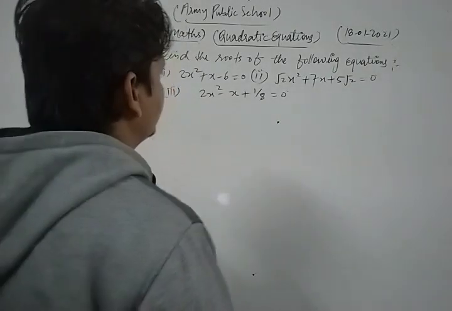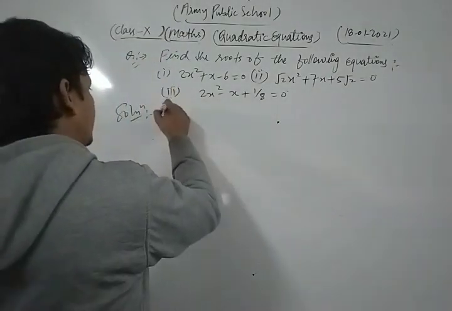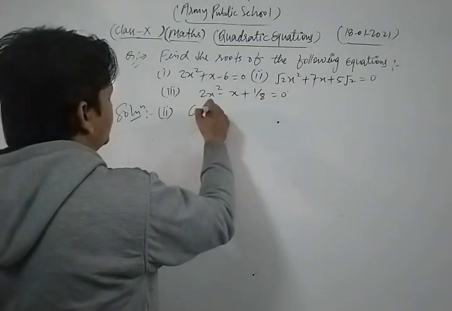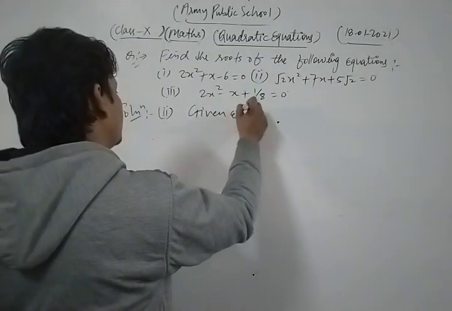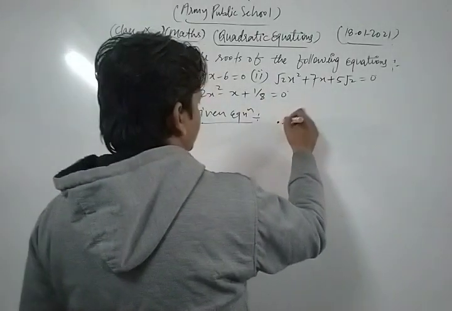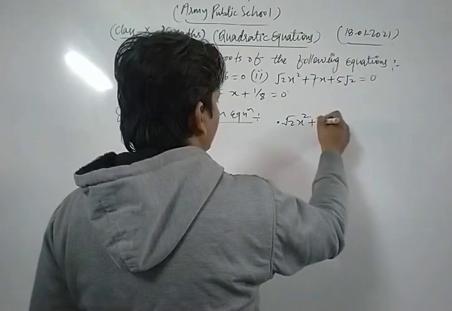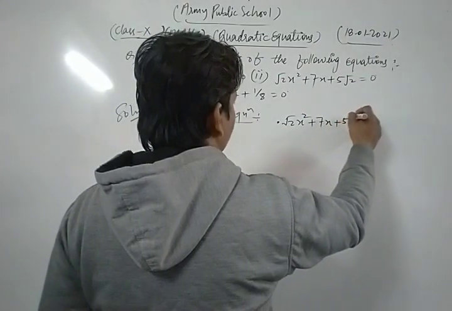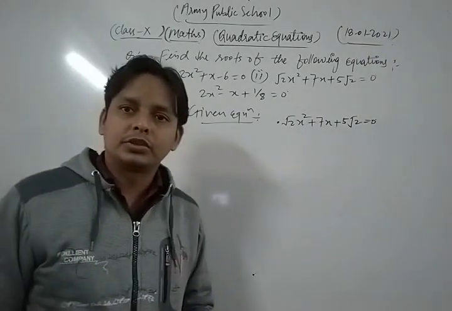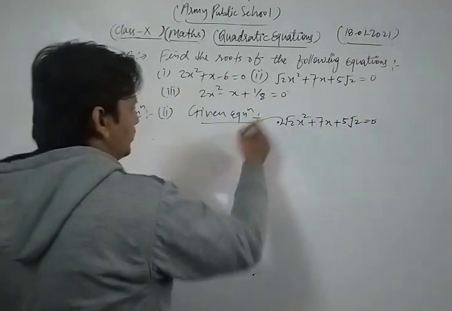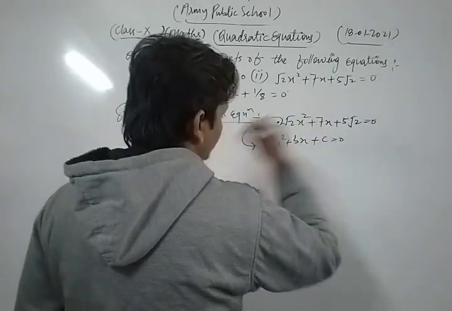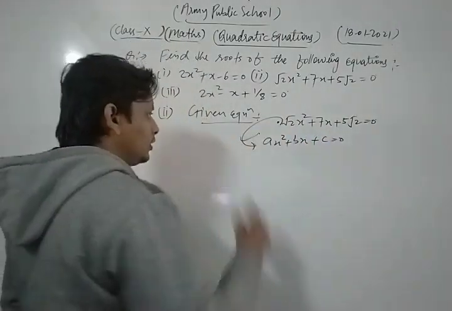First of all, we write the given equation: √2x² + 7x + 5√2 = 0. This is the quadratic equation, because it is in the form ax² + bx + c = 0. So this is our quadratic equation.